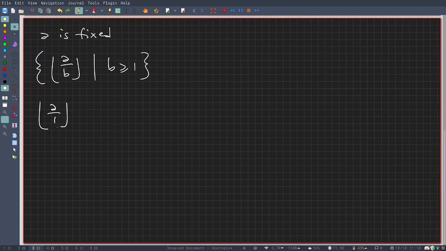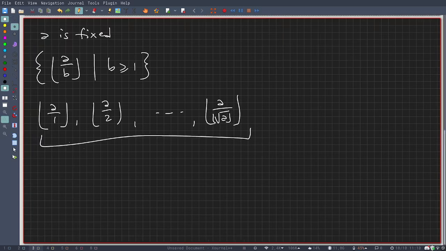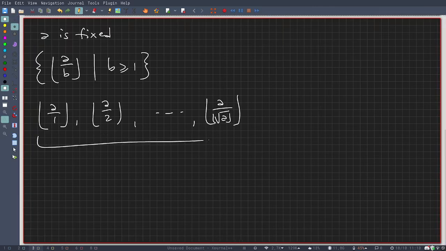We have A over 1, A over 2, up to A divided by square root of A. How many values do we have here? Square root of A. They should be all the same value, right? We are trying to count how many distinct values we have.